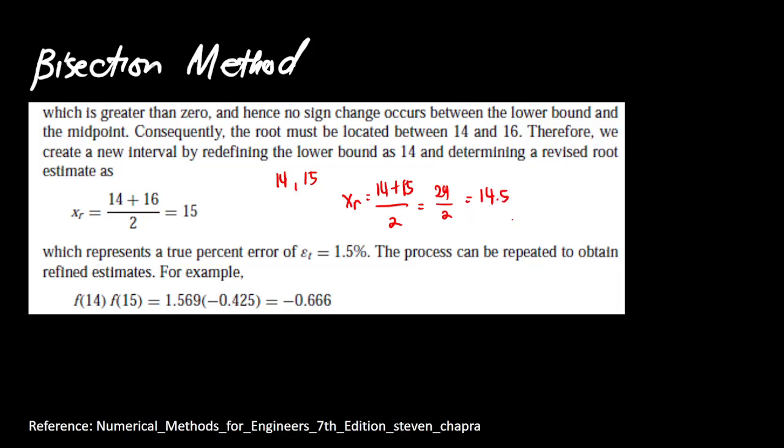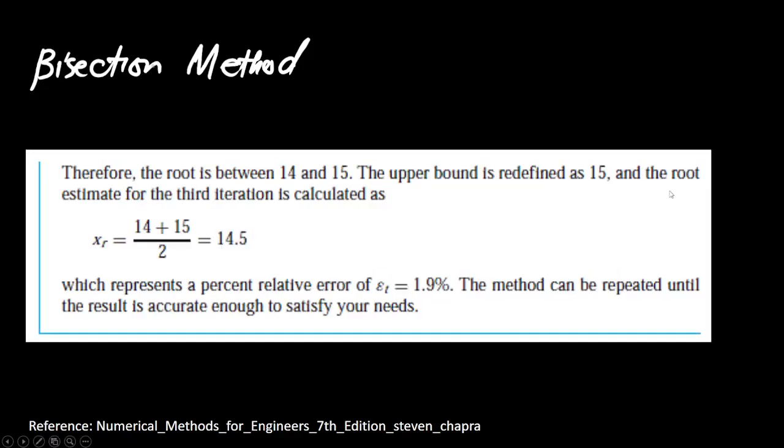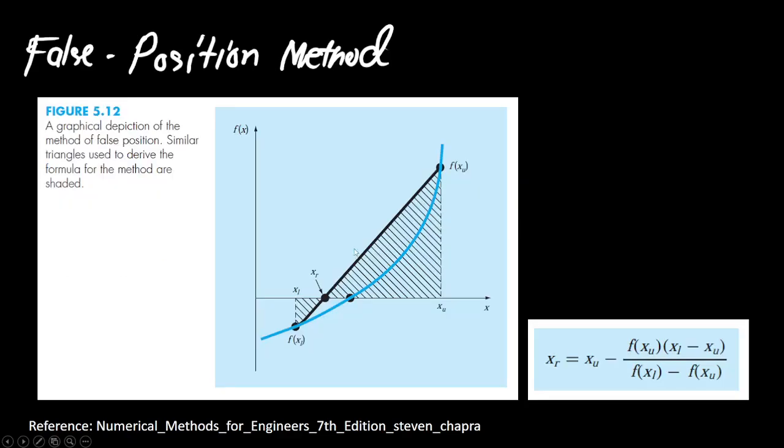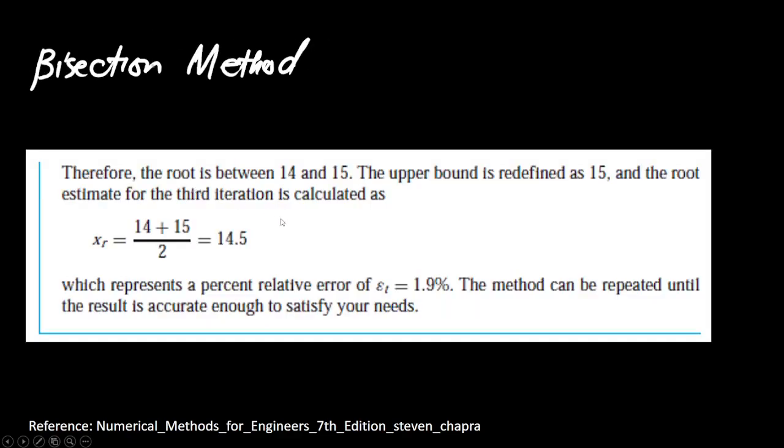So you have now the value of your new root, so you need to find f of 14.5 multiplied by f of 14, then decide again. So it's kind of a repetitive situation. So with 14.5, until you manage to get closer to the value of the root.